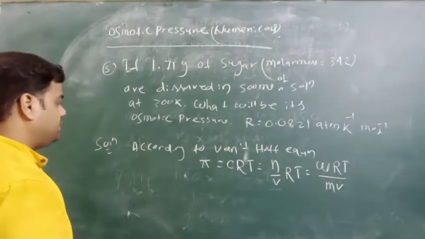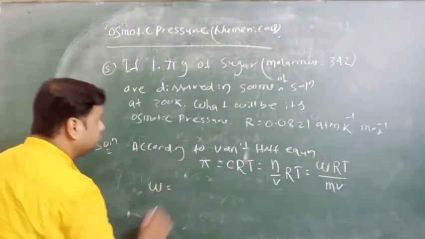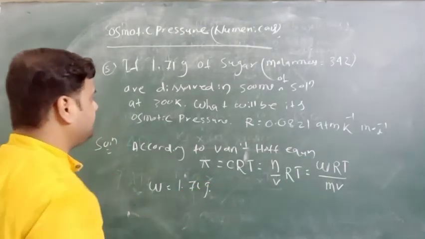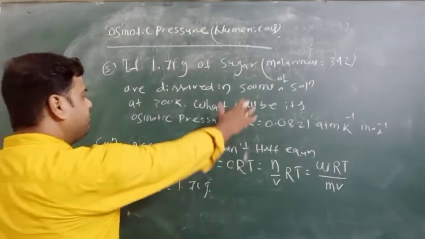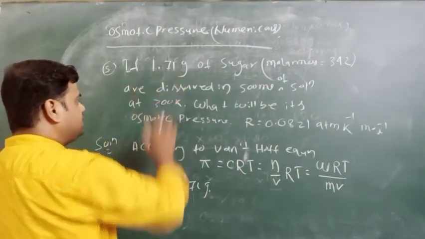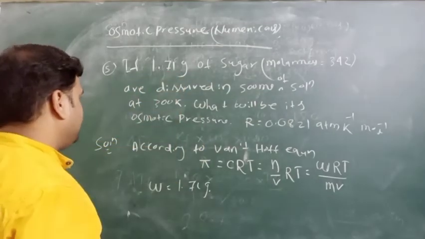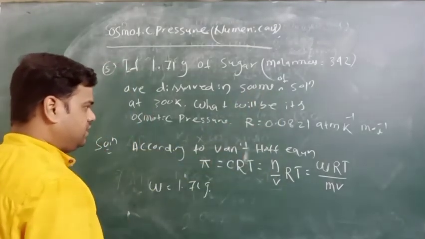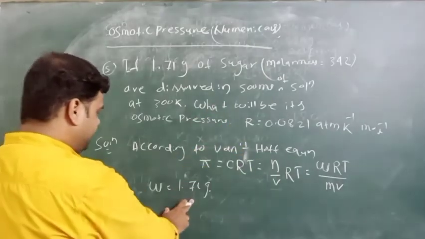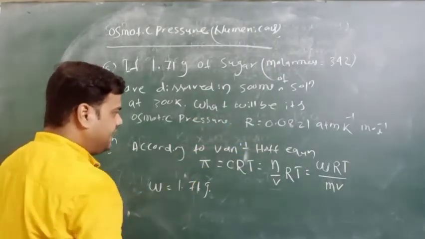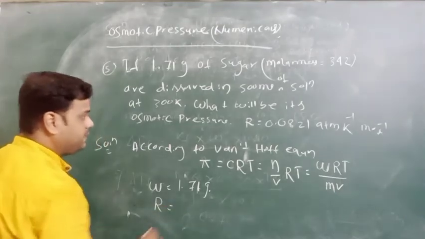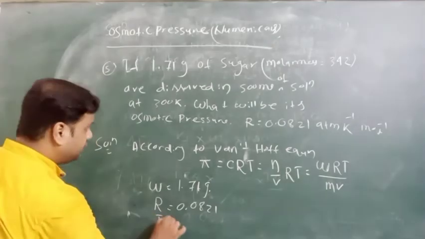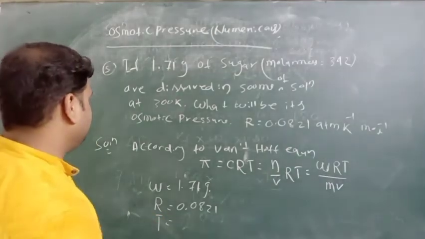In this question, the value of W equal to 1.71 gram. 1.71 gram of sugar are dissolved in 500 ml of solution. The solute quantity is 1.71 grams, and the volume of the solution is 500 ml. So W equal to 1.71 gram, R equal to 0.0821, and T equal to the temperature given, 300 Kelvin.